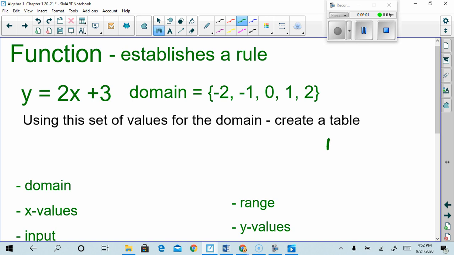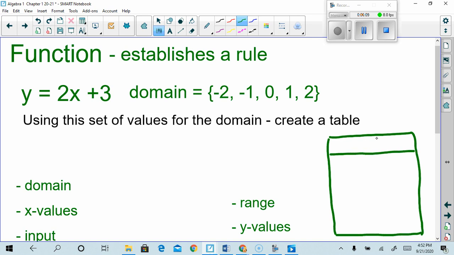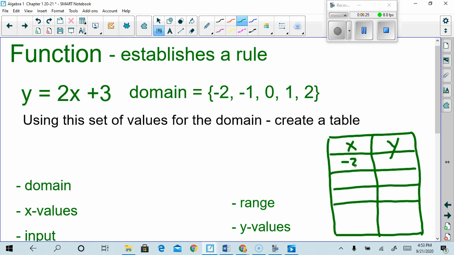So please create the table. And you could write input or output, or you could put your X and your Y's here. We'll slowly walk away from input, output, and put X's and Y's in, and then set up your values and come up with your range values.